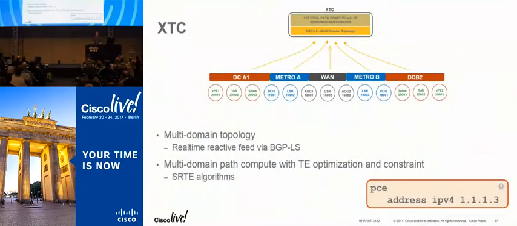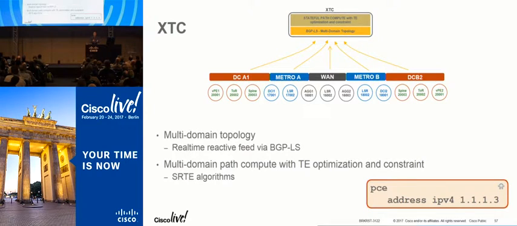So that XTC, you could run it on a physical router as well, or on a virtualized server on x86. It's the same. It has this building block to compute, which is the same algorithm, and then it has this multi-domain database that it feeds from multiple domains. And so it's able to see everything.